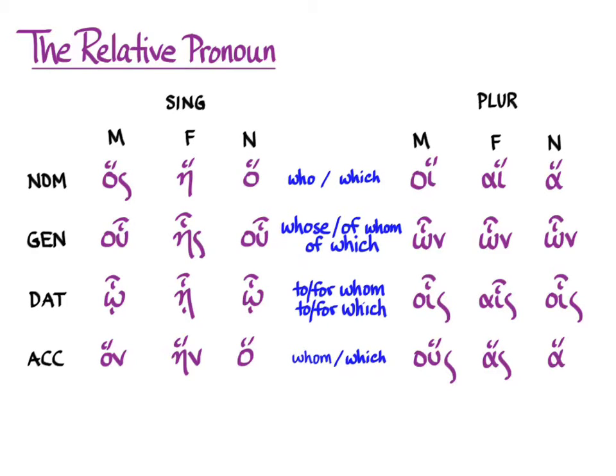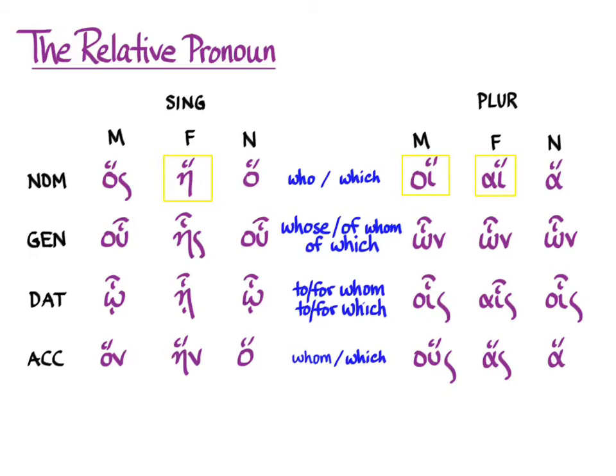Be careful, though, to distinguish between the hē of the relative pronoun, which has an accent, from the hē of the article, which only has a rough breathing. The same goes for the masculine and feminine nominative plurals, which look like the article, but they have accents.